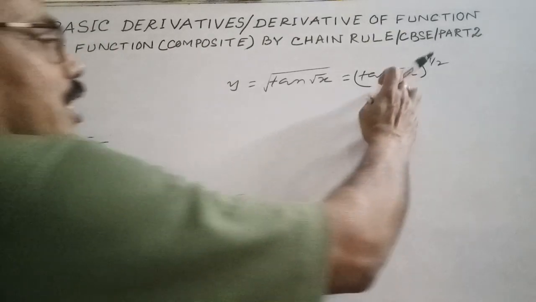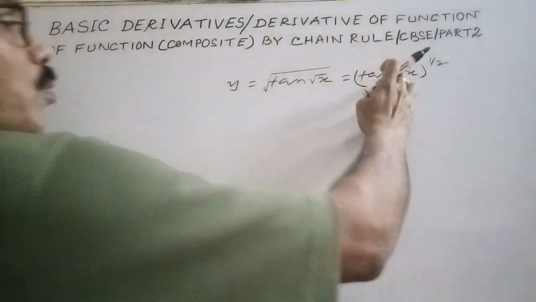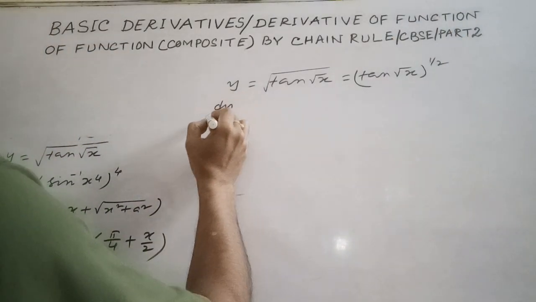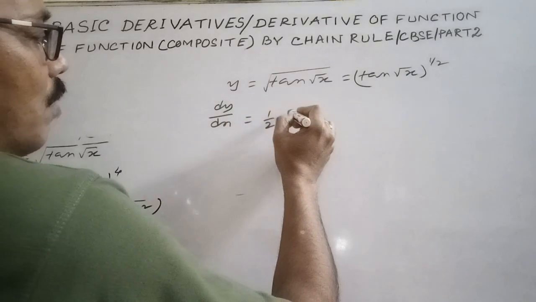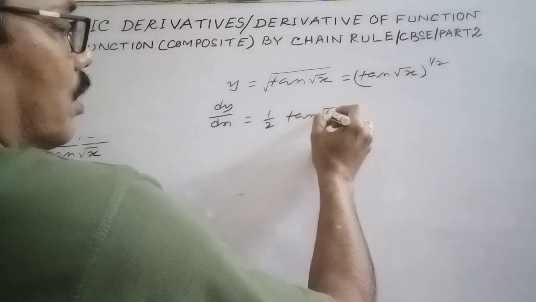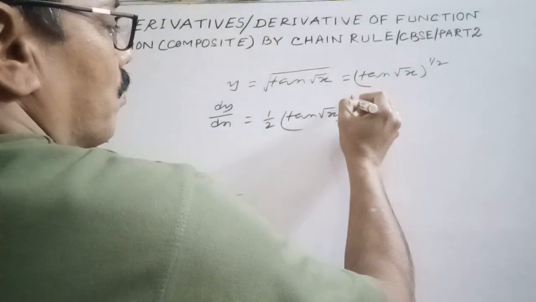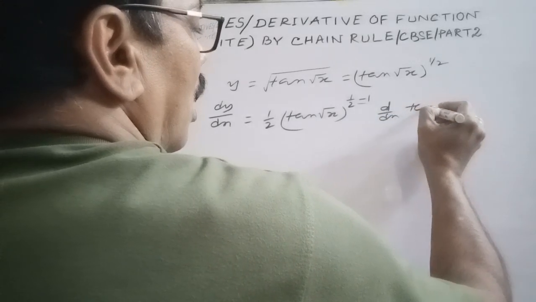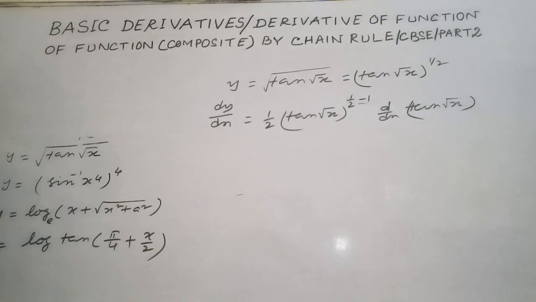Main function is x to the power n. n is constant. So it will follow rule of x to the power n. So dy/dx, half come forward, then power of tan of root x diminished by 1. So half minus 1. And d/dx of argument, this is tan of root x.